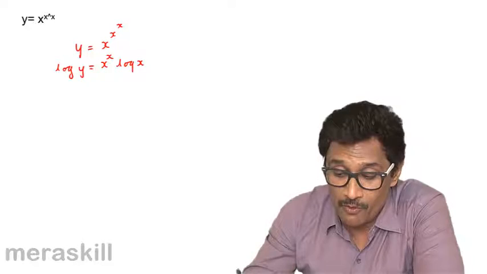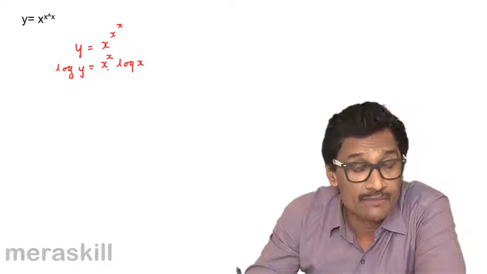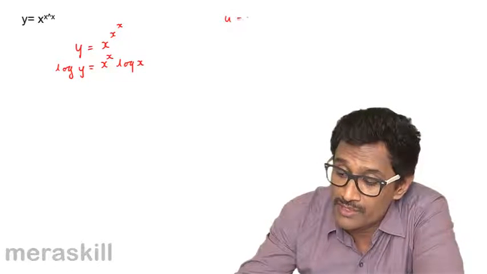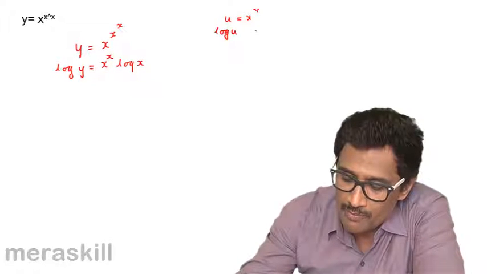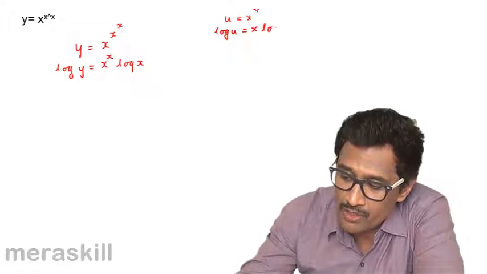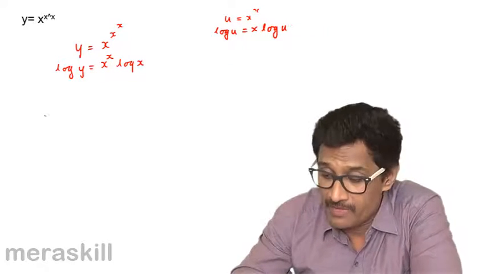Now before we do this, we need to find the log of this for chain rule. So you can take u is equal to x raised to x. We did this of course, but just to remember, log u is equal to x log x, right?